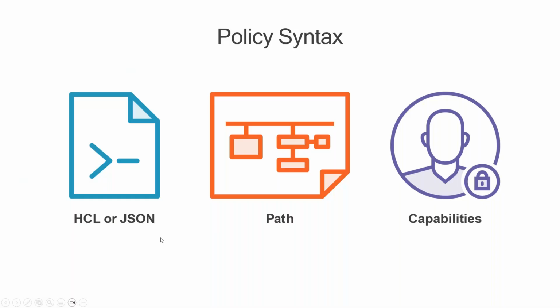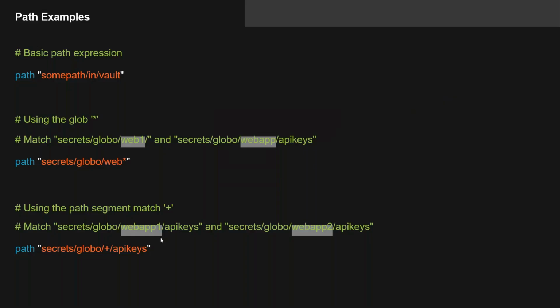So the question is, what are policies? Policies are written in HCL or JSON. HCL means HashiCorp Configuration Language, and these files contain what path and what capabilities you want to be accessible. Look at this, a very simple HCL. In this HCL you are saying, look at this path, this content path only.